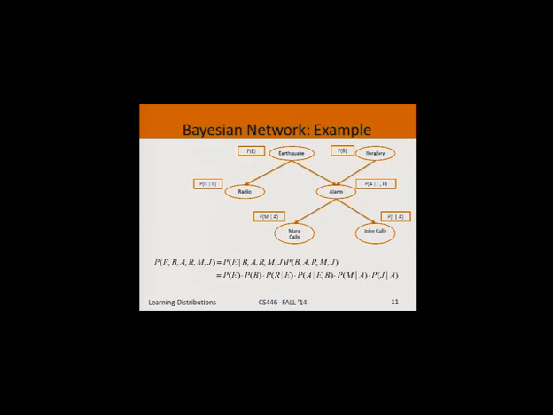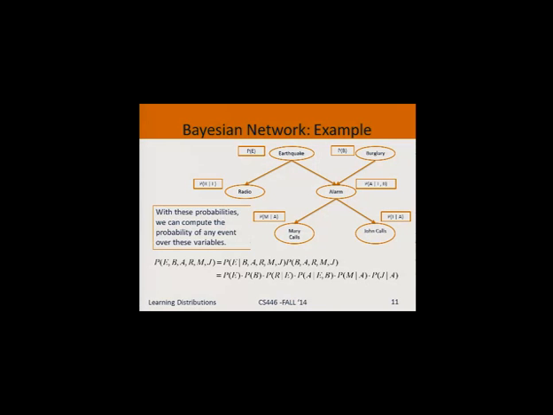And then I have to refactor this. And again, I'm going to choose an order, P of B given everything, times P of everything, and so on. At the end, hopefully I convinced you earlier, and you'll have to do this exercise yourself to convince yourself, I'm going to get P of E, P of B, P of R given E, because of this, P of A given its parents, alarm given the parents, P of M given the parents, and P of J given the parent. So once I give you the conditional probabilities, the numbers in the boxes here, you can compute the joint probability distribution.